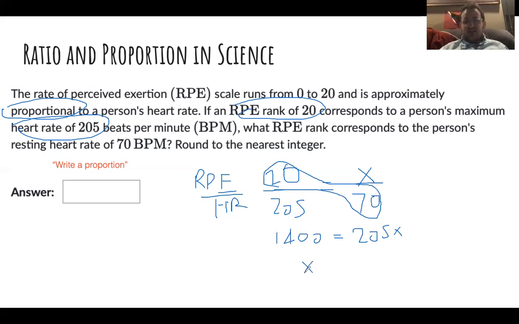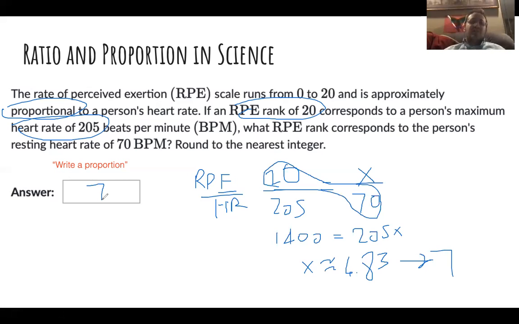So I get that x is about 6.83. And it asks us to round to the nearest integer. So it's going to be about 7. So we were able to take this from some technical science problem to, at the end of the day, just setting up a proportion and making something that we could cross multiply.